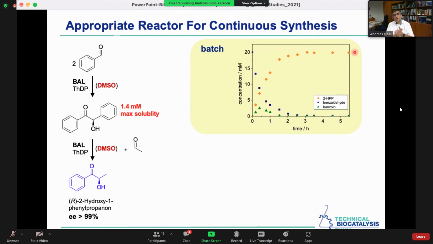Now, since the batch is running so nicely and we're thinking we want to produce more, we want to make more use of the biocatalysis, we decide to go for a plug flow reactor. So a packed bed reactor, with the enzyme being immobilized. Such a reactor is set up in the lab: a packed bed chromatographic column where the enzyme-immobilized particles are packed, started, and everything looks great.